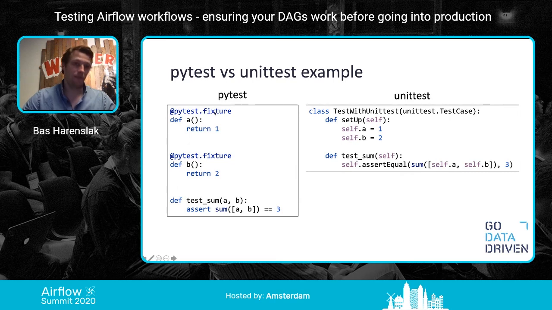In Pytest, you have these things called fixtures, and they provide some similar behavior as this setup thing, but they provide a bit more flexibility, which I think is one of the main features of Pytest. And here they're defined as a function and annotated with @pytest.fixture.